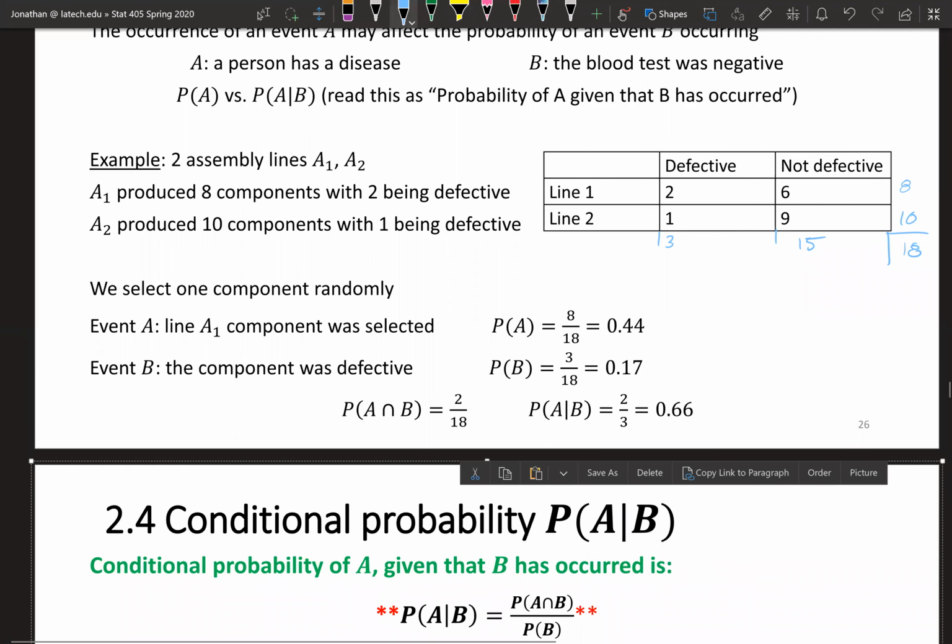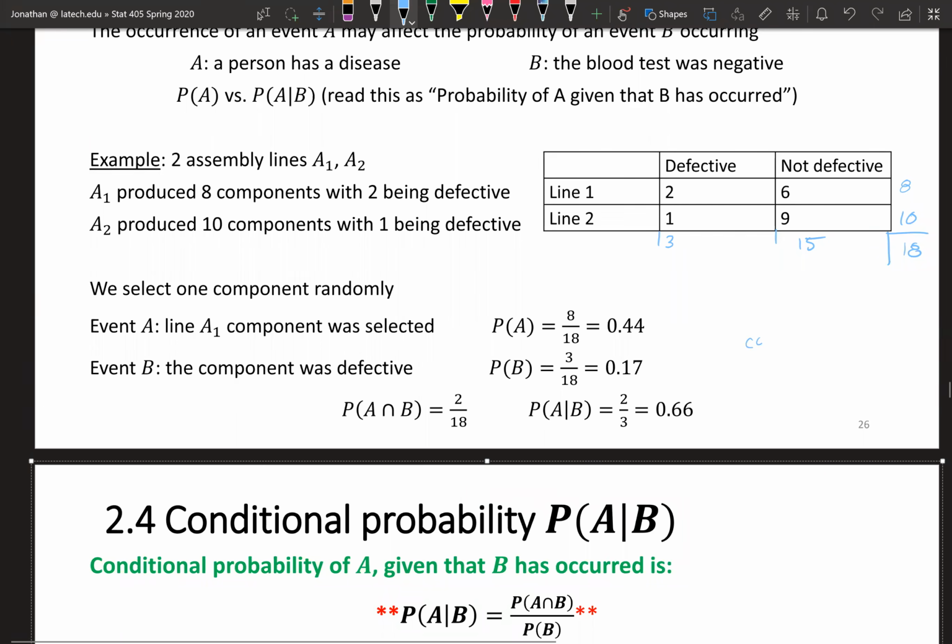Now, given that you are defective, what's the probability you come from line 1? So that is the number of defective components in line 1 divided by the number of defective components overall. So it basically just reduces the sample space.